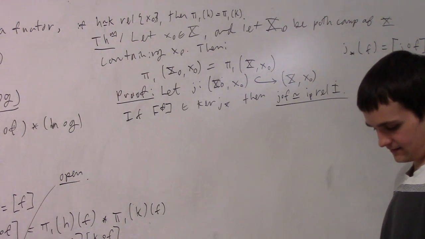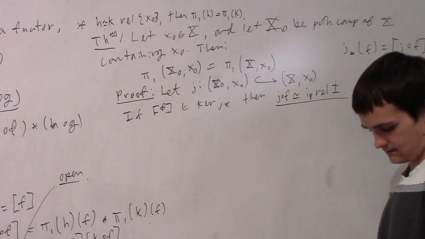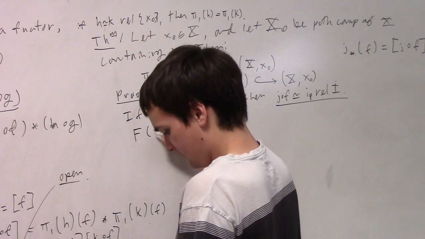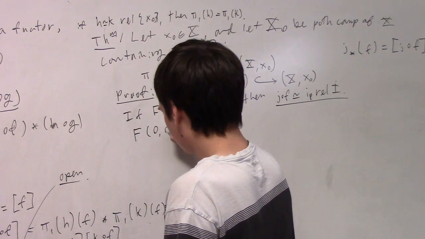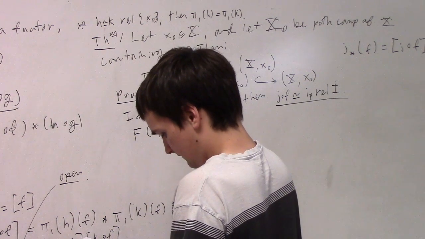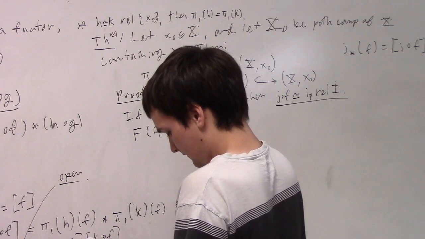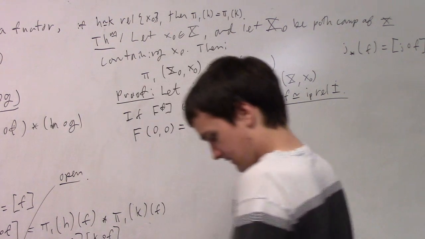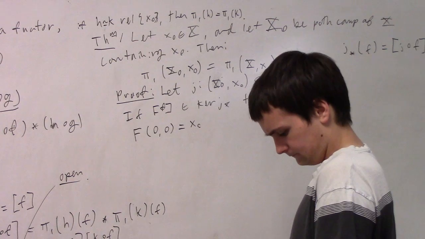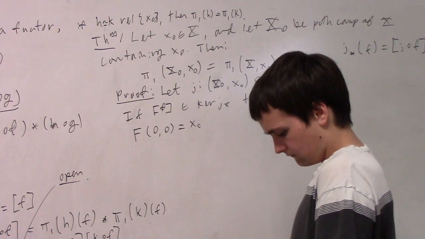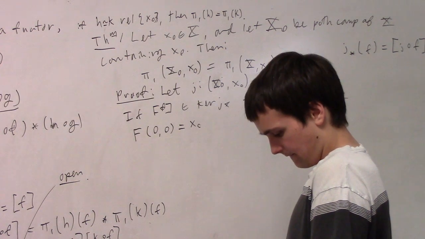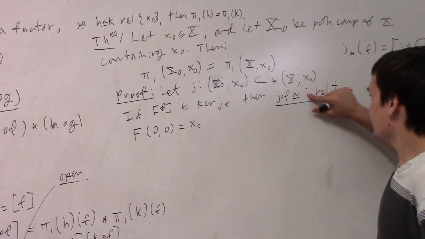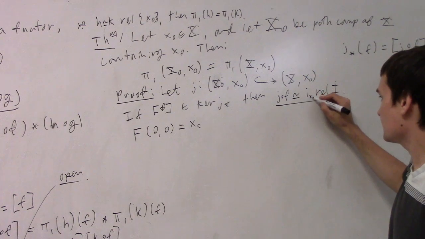Alright, so the kernel of the induced map. They also make a claim here: if F is a homotopy of that type, then F of 0, 0 is x naught. They say this here is the constant map at x naught.